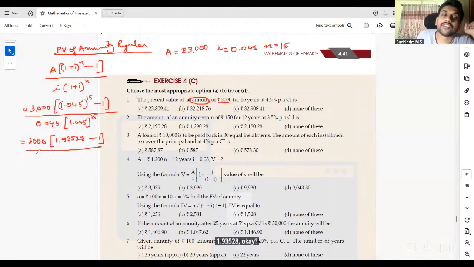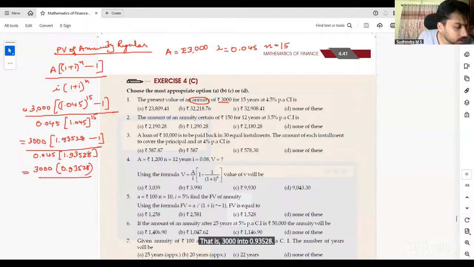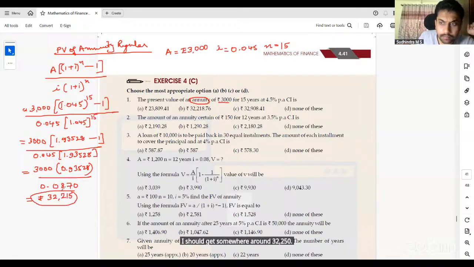Minus 1 divided by 0.045 into 1.93528. That is 3000 into 0.93528 divided by 1.93528 into 0.045, which is 0.0870. If I simplify this, I should get somewhere around 32,250, 215, somewhere around that.